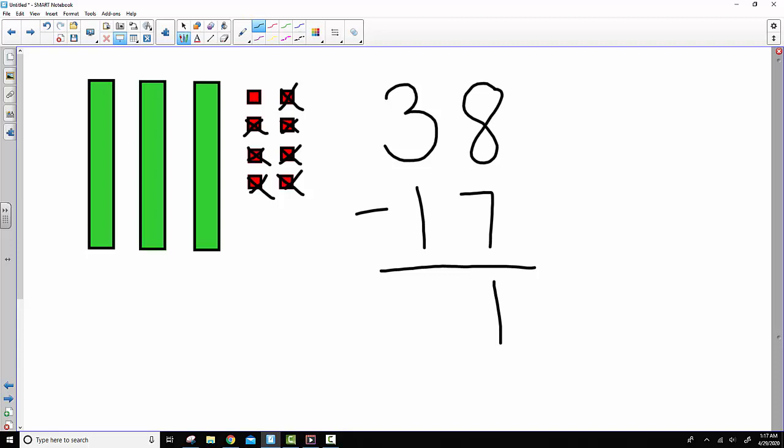We have 3 tens columns, and we're subtracting 1 of the tens. Now 2 tens remain, so 3 tens subtracting 1 ten would be 2 tens. 38 minus 17 would equal 21. The difference of 38 minus 17 is 21.